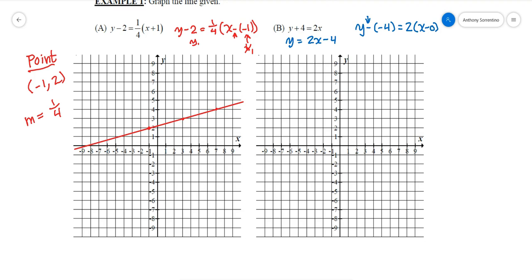Because what's going on here is the information I'm given, the point, the x-coordinate is 0, the y-coordinate is negative 4, which happens to be a y-intercept, which is the same thing that the slope-intercept form tells us right here, in that the m is 2, which is the same thing as 2 over 1. So I could plot the point 0, negative 4, go up 2, right 1, and plot a number of points using that.